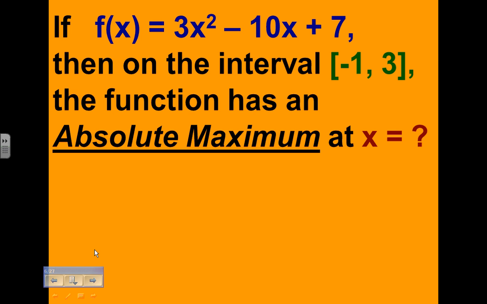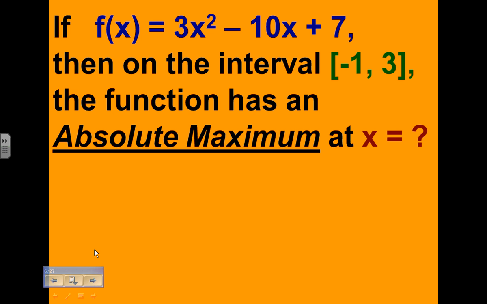The function value at 5 thirds equals 3 times 25 ninths minus 10 times 5 thirds plus 7, so 25 thirds minus 50 thirds plus 7, which is negative 4 thirds when you're all said and done.